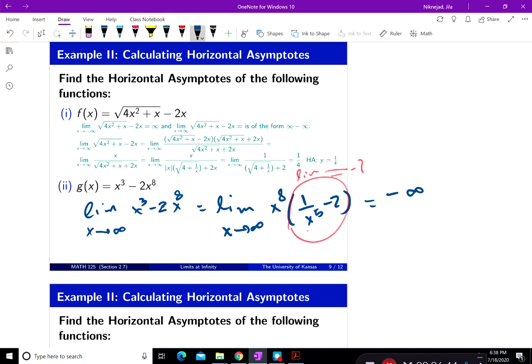Now how about if x goes to negative infinity? We did the positive one. Now let's do it if it's negative, what will happen? So if it's negative, we have to do this one too.